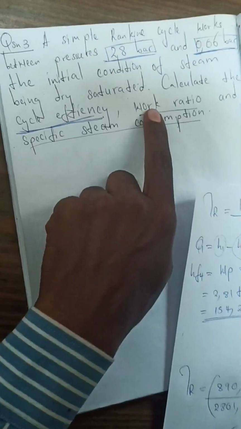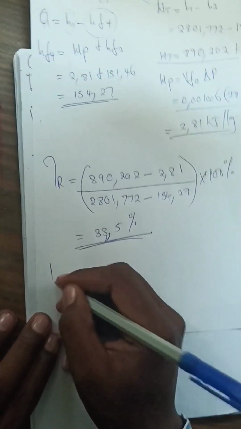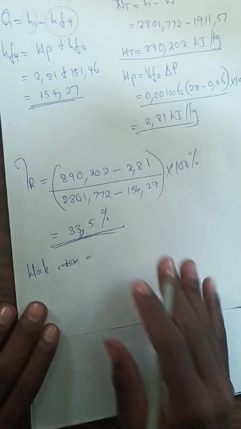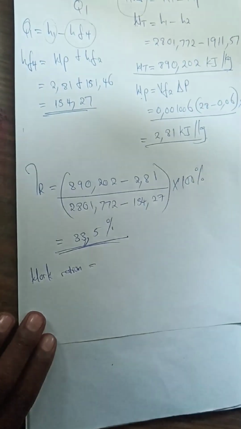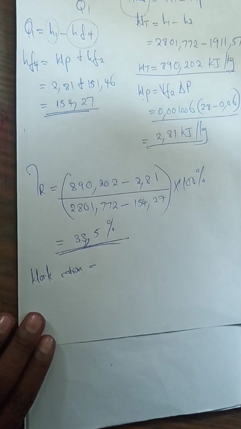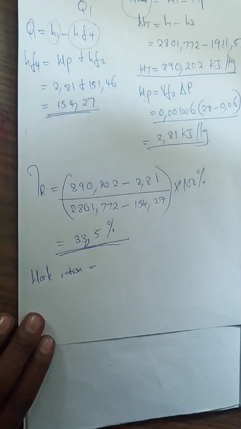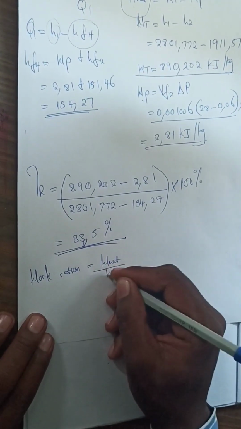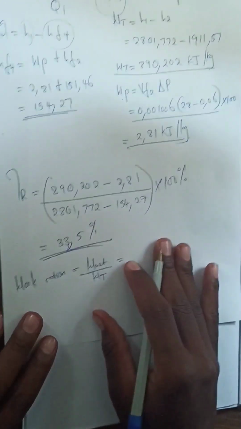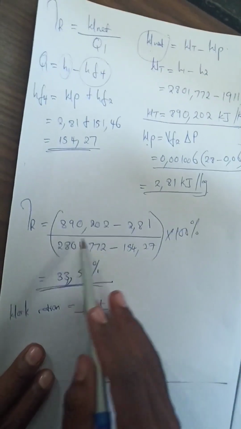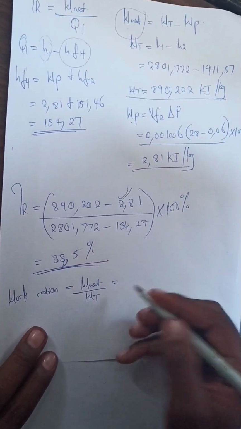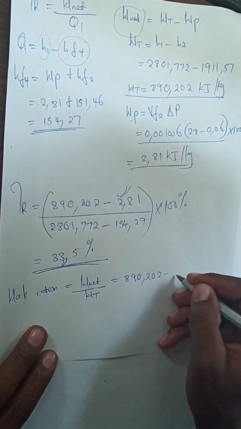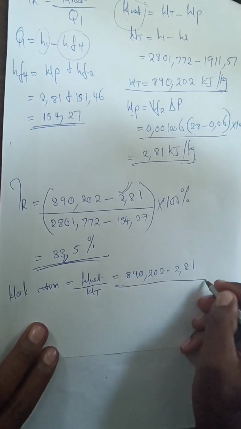Then after that, we have the work ratio. How do we find the work ratio? You have to know the formula for work ratio. Our formula for work ratio is work net over work turbine, where our work net we already have here. So we are going to say 890.202 minus 2.81, all over our work turbine.